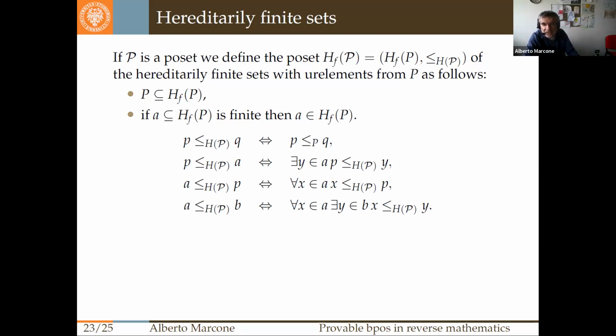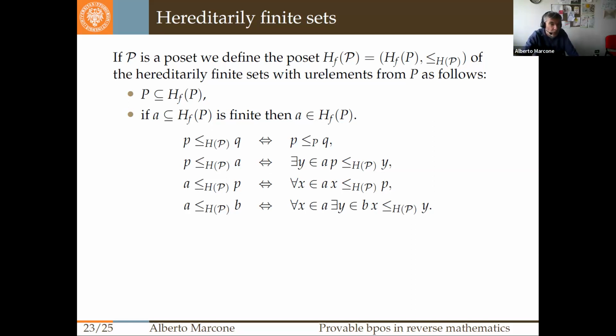So when P is less than or equal to A, if you can find an element Y in the finite set A such that P was already below Y. And when A is below P, for every X in A, X is below P. So you allow even a finite set, which might be quite large, to be below a single element of P, because all the elements occurring in this set are below P in the original construction. And then you also have to compare two finite sets, A and B.